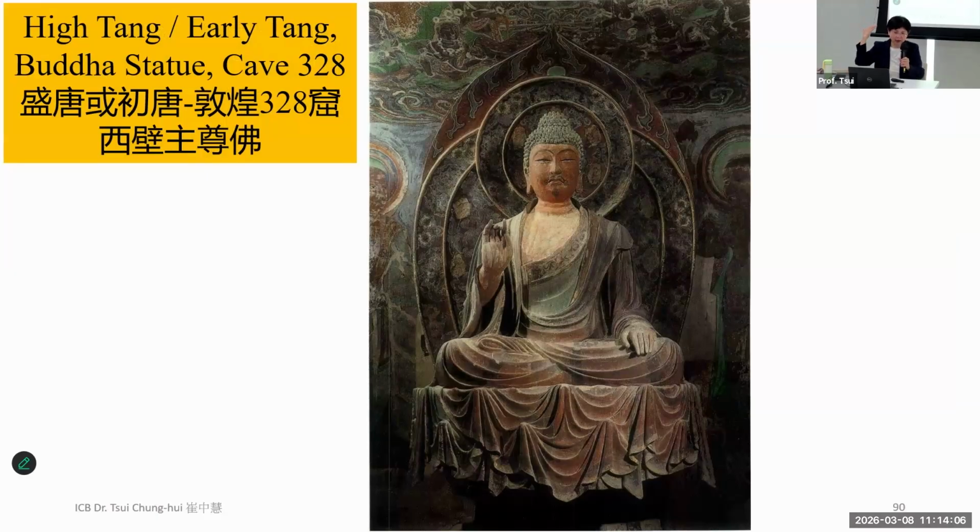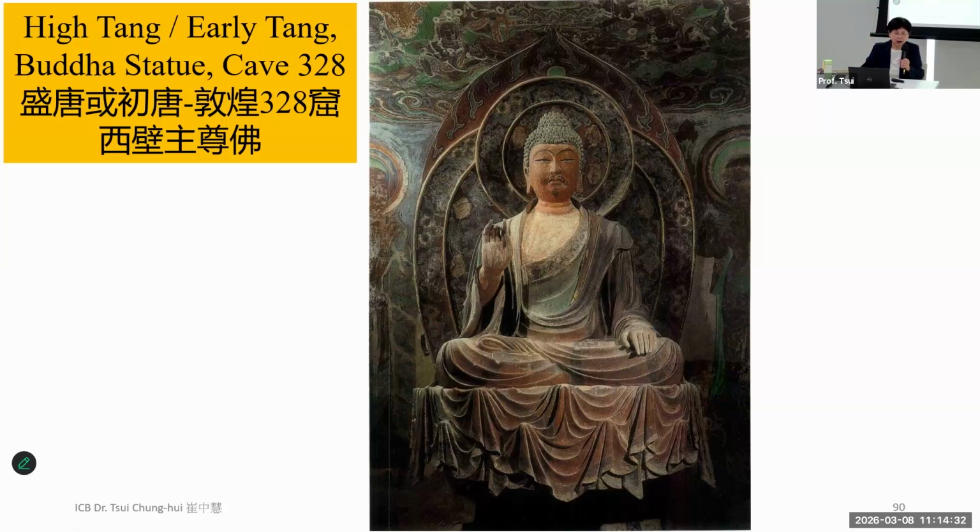On the back, you can see the Buddha has a halo design with three different layers, and behind it a leaf shape. Inside the halo, there are floral patterns decorated with very beautiful color.